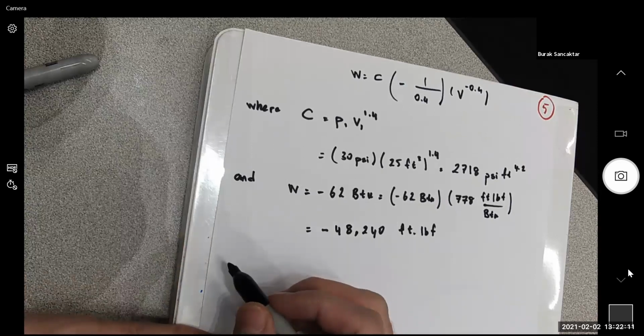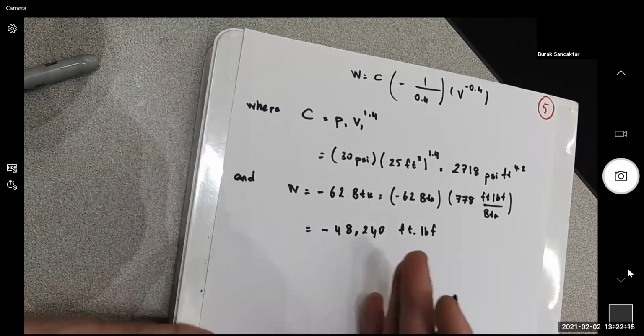Now I know my work in the units that I can use to calculate my pressure and volume.